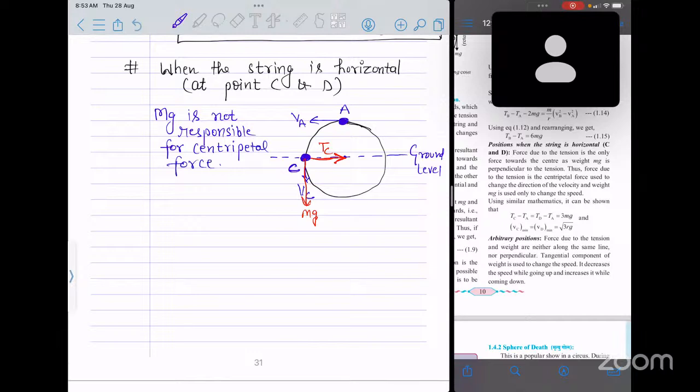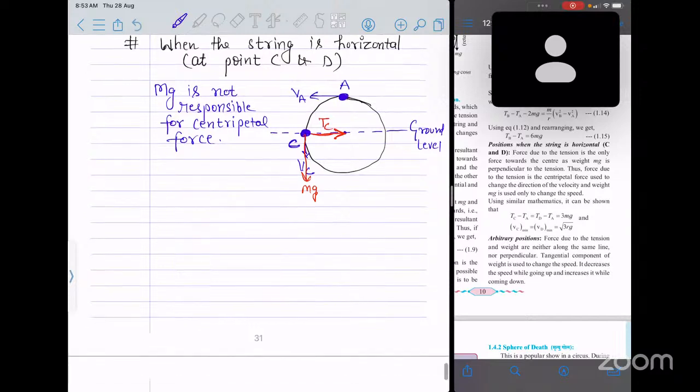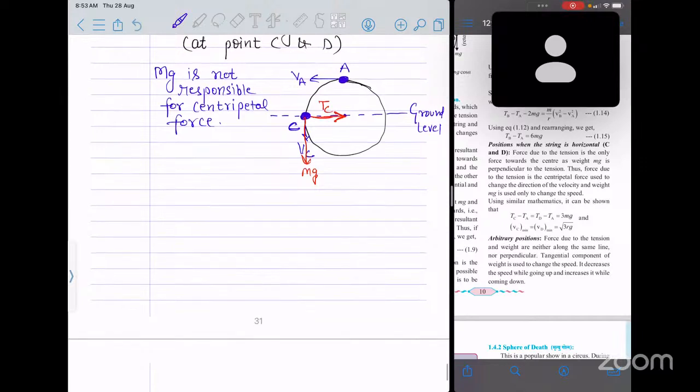TC is the only force for centripetal force.